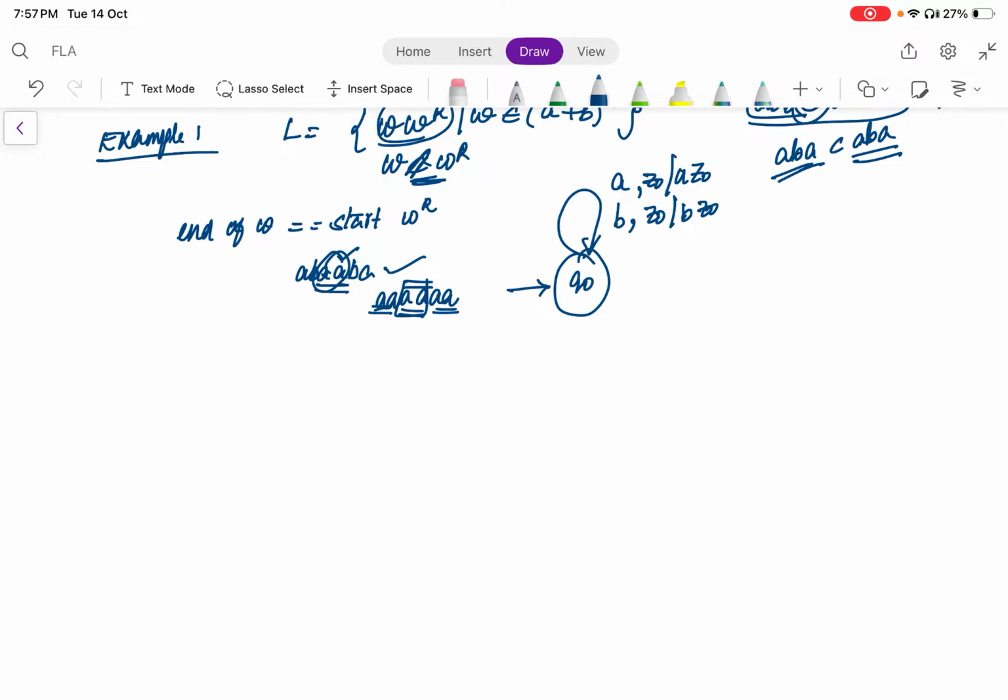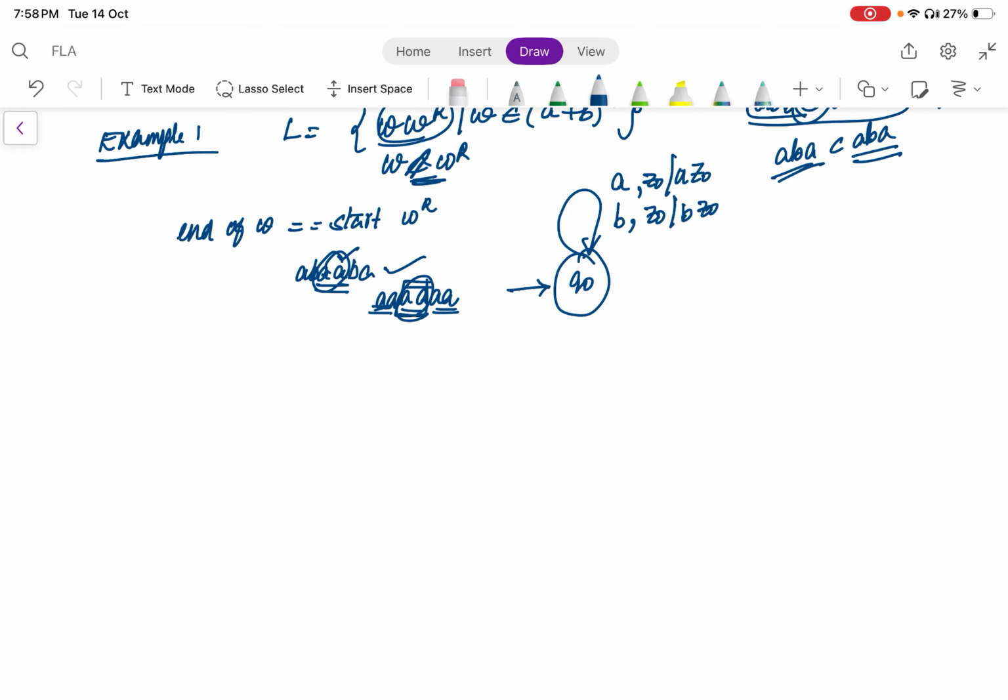For the same state and input, there are two different possible scenarios. Those kinds of problems are called non-deterministic pushdown automata.